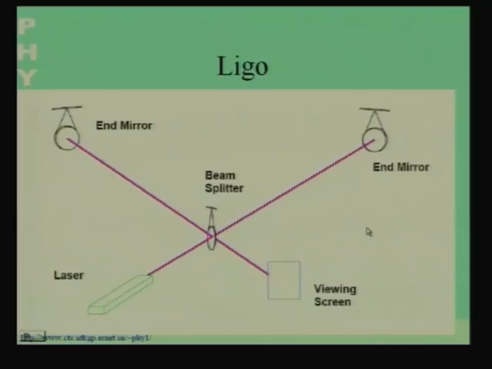So, the main problem over here is that the displacements of the mirror which are produced by gravitational waves, the strains which are predicted from various sources of gravitational waves are extremely small, and it is a big technological challenge to detect these small strains produced by gravitational waves.